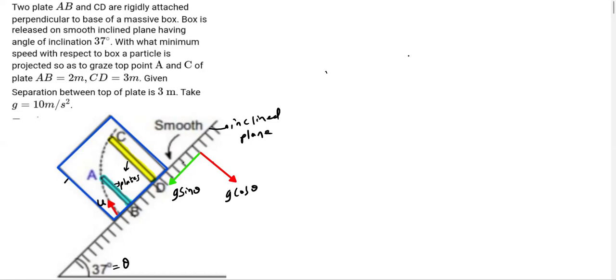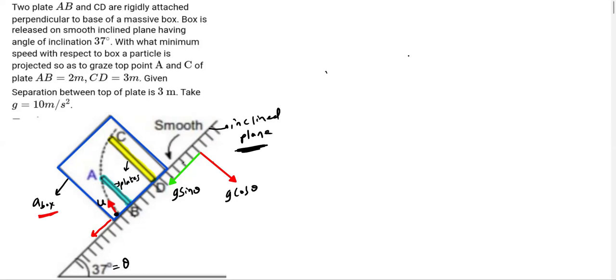So the acceleration of the box, and that of the particle also. The box will slide along the inclined plane, so the box will have acceleration along the incline equal to g sin theta.